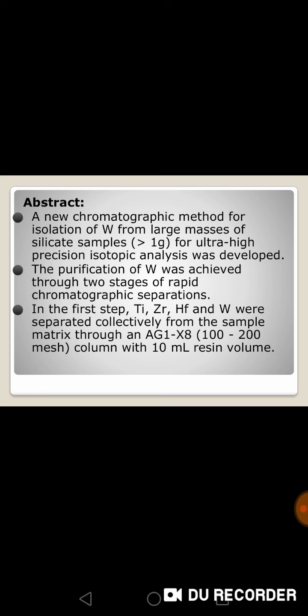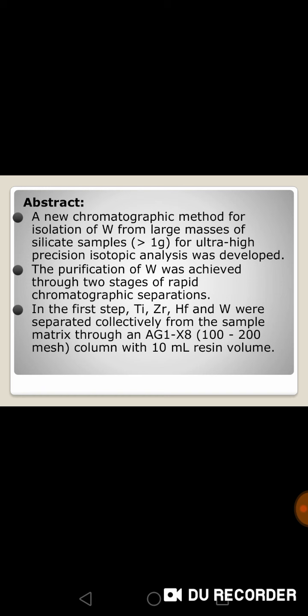The first thing we are going to discuss here is the abstract. A new chromatographic method for the isolation of tungsten from large masses of silicate sample, containing more than 1 gram, for ultra high precision isotopic analysis was developed. The purification of tungsten was achieved through two stages of rapid chromatographic separation.